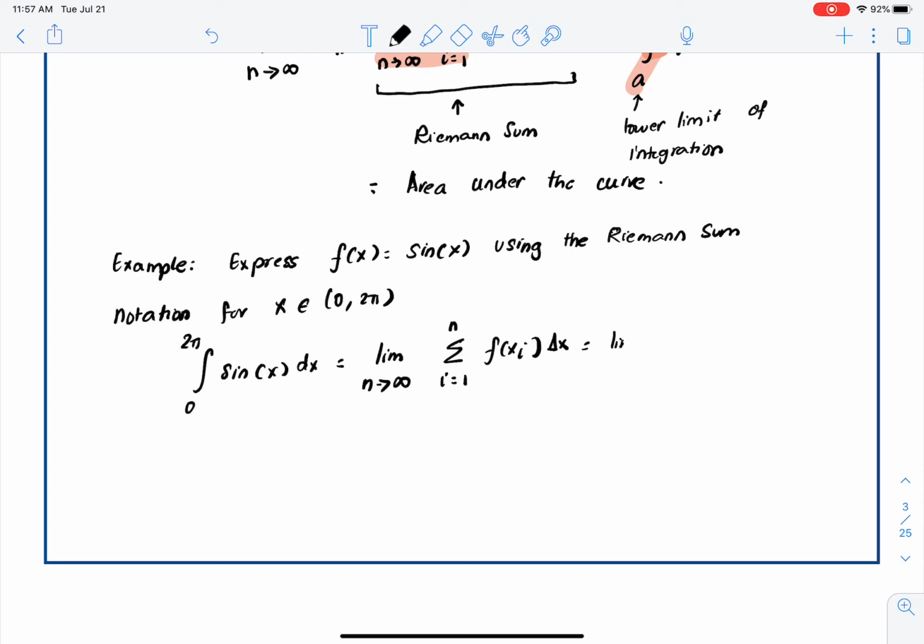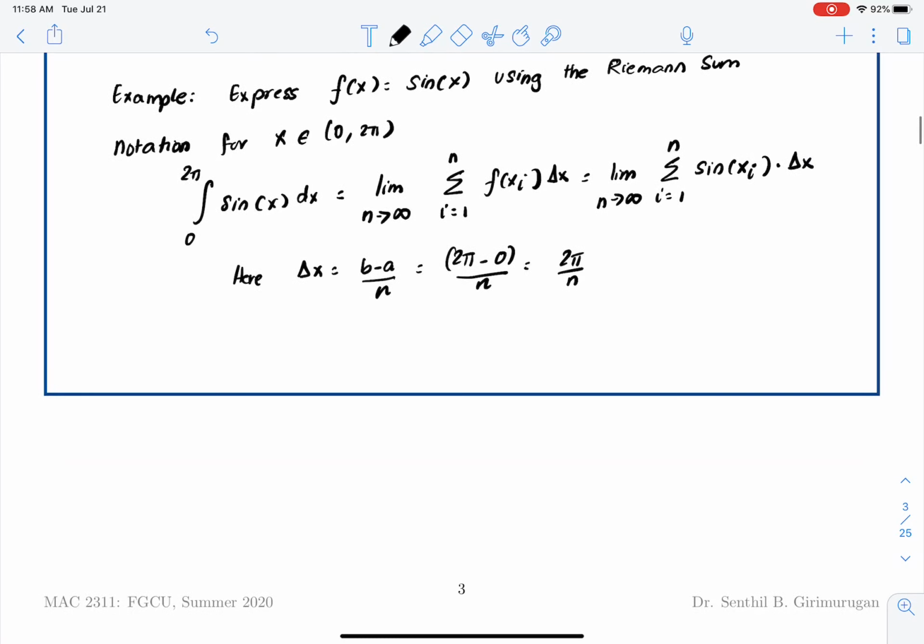Instead of x, we're going to rewrite it as xi multiplied by delta x. Here, delta x is b minus a divided by n. b is 2 pi, a is 0, divided by n, so we have 2 pi over n.